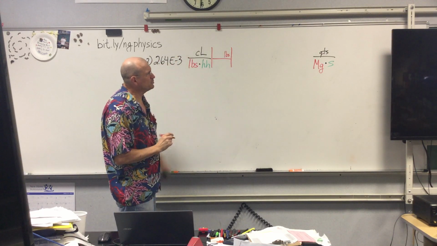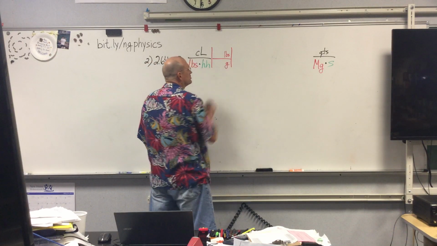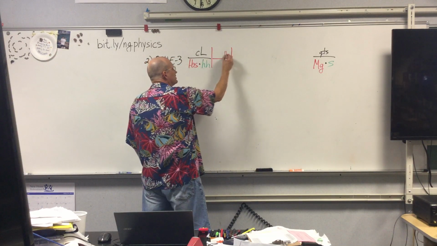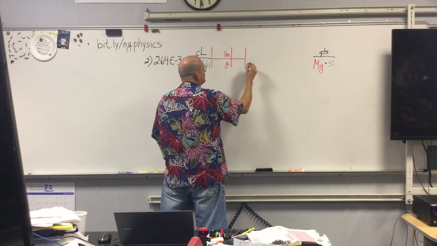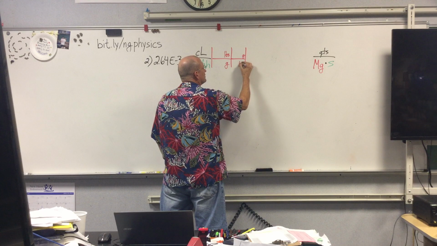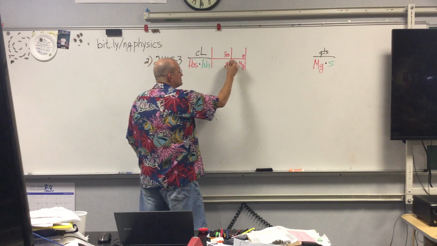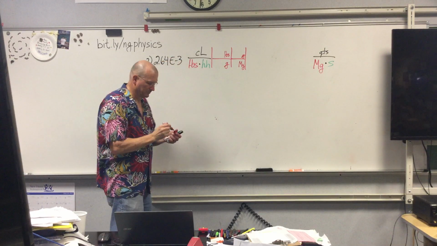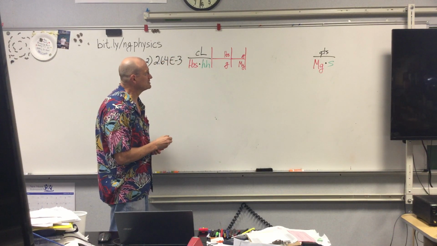In order to get to megagrams, probably the simplest thing is to just convert this to grams so that these cancel, but then I need to do one more to go from grams to megagrams, and then these grams would cancel. Now that would be my conversion for pounds to megagrams.